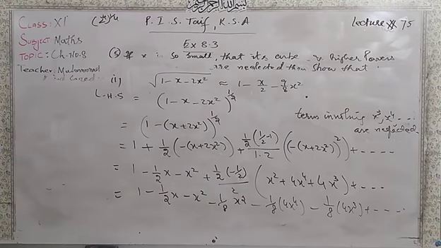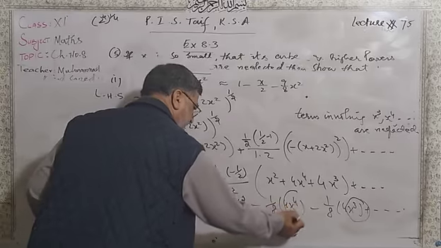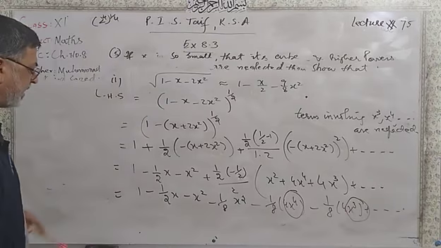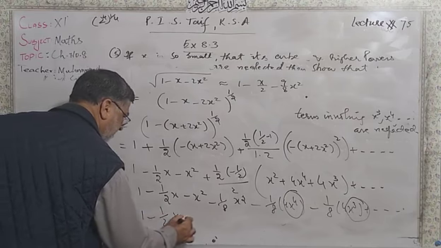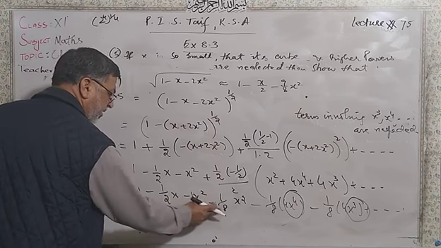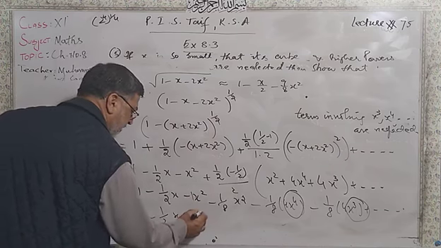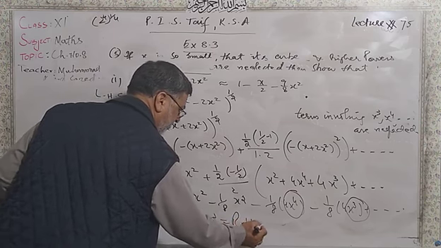Dear students, terms involving x cube and terms involving x4 are neglected again. So here 1 minus 1 over 2x minus 1 and minus 1 over 8x square. 8 minus 1 is minus 9 over 8x square. That is your right hand side.